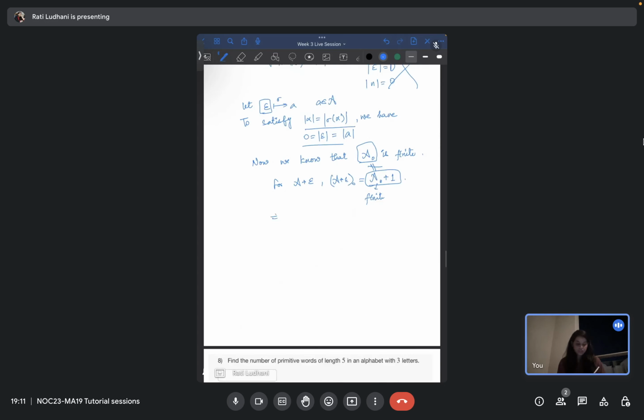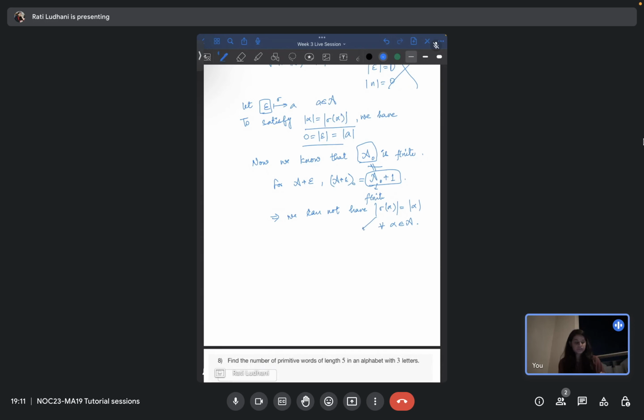So this implies we cannot have sigma of alpha equal to like sizes. We cannot have this because of this property, because there are not equal number of elements.